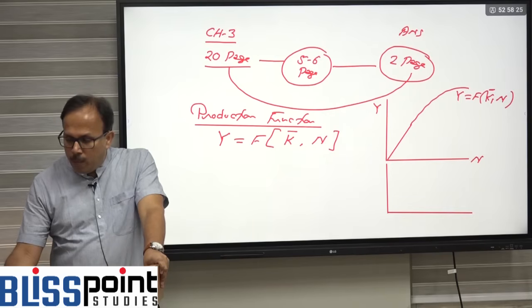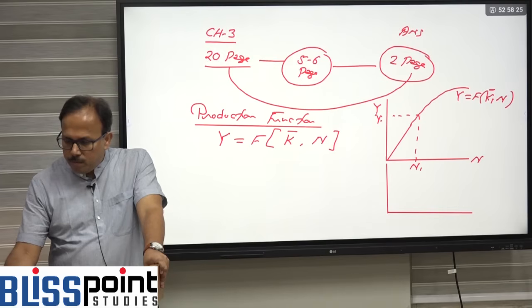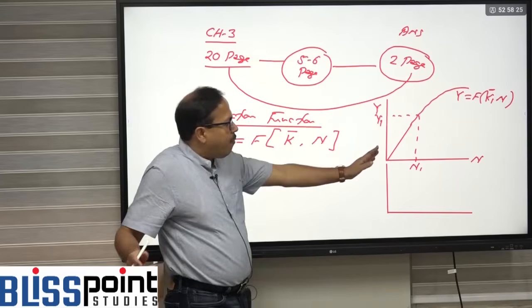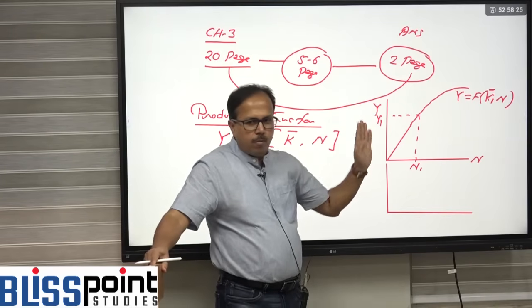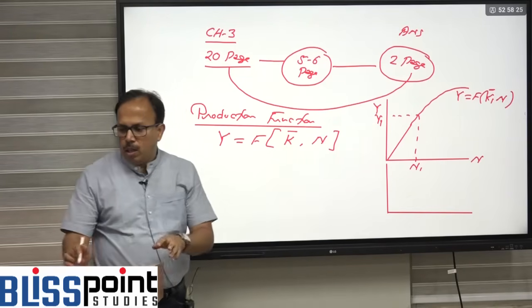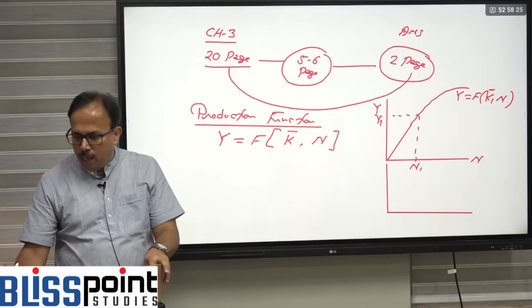So based upon a particular number of n, there will be a given value of y. If you have a different value of n, there will be a different value of y. So y depends upon employment of labor.